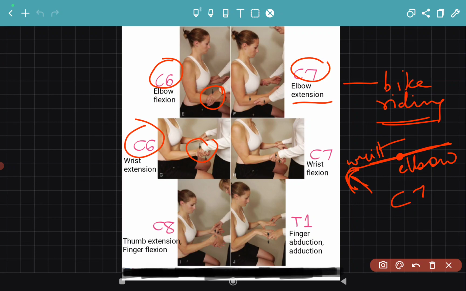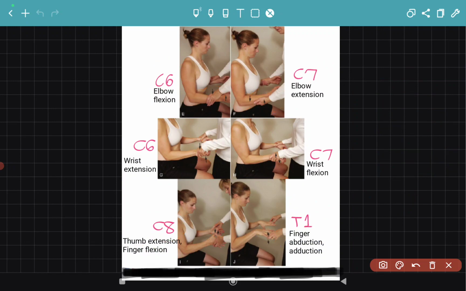To remember it easily, we are using this as a mnemonic. For C7, we have elbow extension resisted and also wrist flexion resisted. Continuing with C8, it is thumb extension as well as finger flexion. Then T1 is for abduction and adduction of the fingers, where the intrinsic muscles of the hand will be tested.